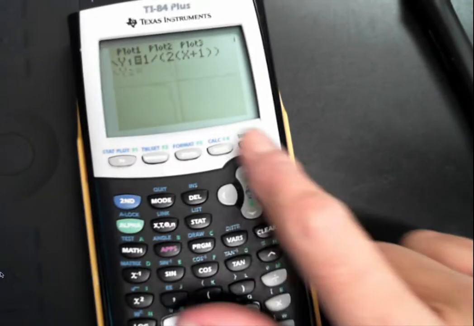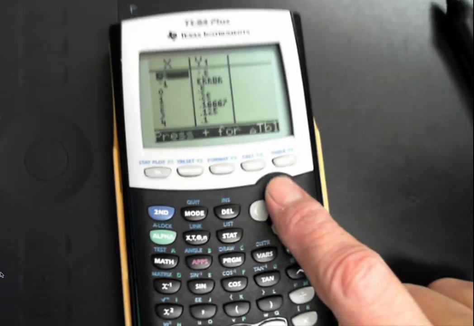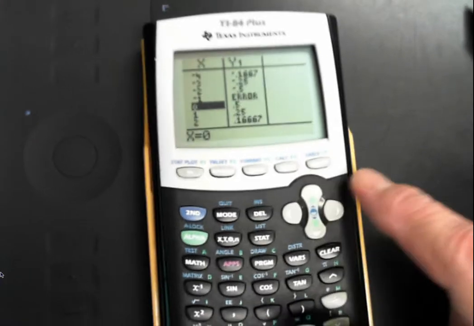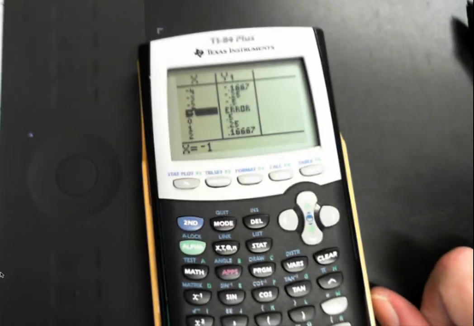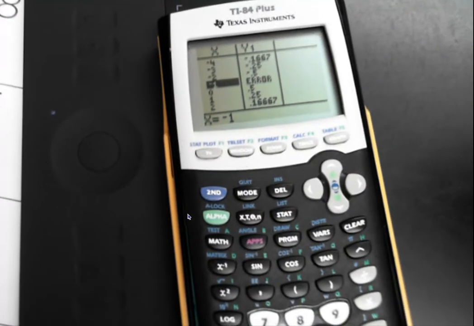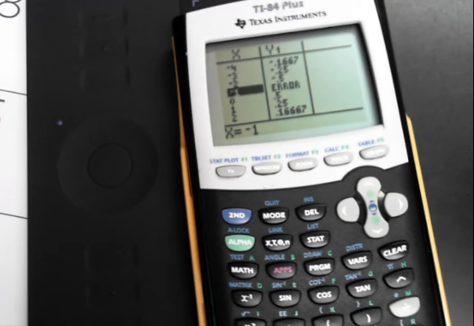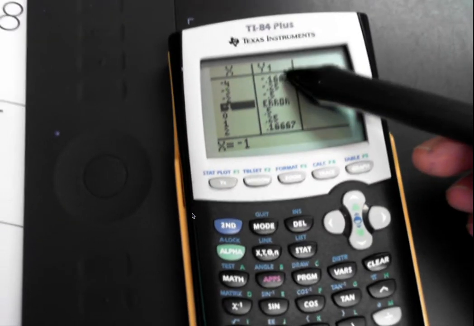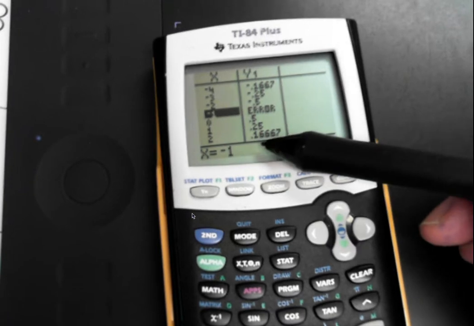And you can actually look at your table, and do you see at -1 it says error because -1 makes the bottom of that denominator equal to 0, which makes it undefined. And you can even see from the left, it's approaching negative infinity if we get closer and closer here.